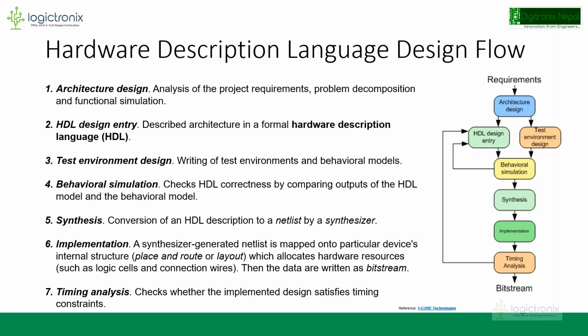Basically, HDL design flow is the way of how we can start and how we can complete the process of writing and implementing any algorithm on FPGA. In the first section, we do the architectural design, where we write the problem identification and the basics of solutions, so algorithms and ideas will be brainstormed here.